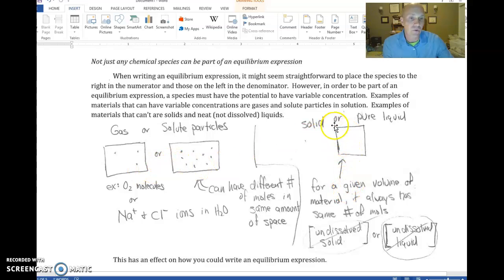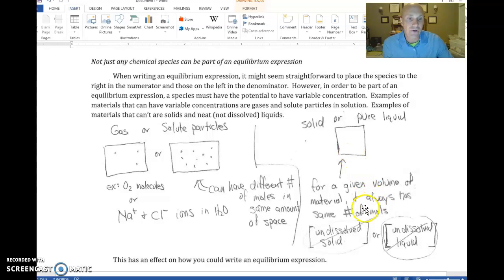Same thing with a pure liquid. If this was 1 milliliter of a pure liquid, for example a milliliter of gasoline. Gasoline is not a solution, it is a pure liquid. It's not like you can have a gallon of dilute gasoline or a gallon of concentrated gasoline. You just have a gallon of pure gasoline.